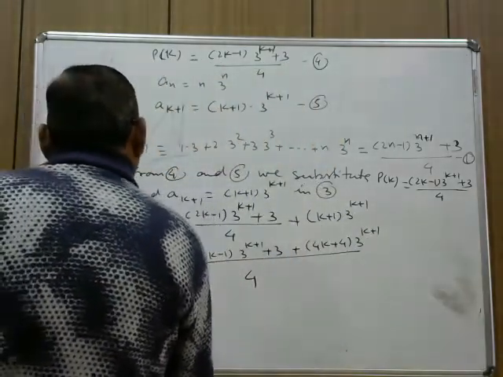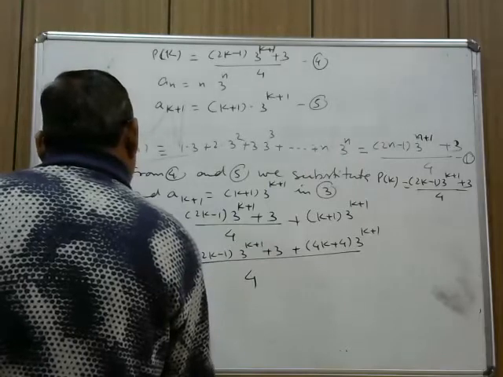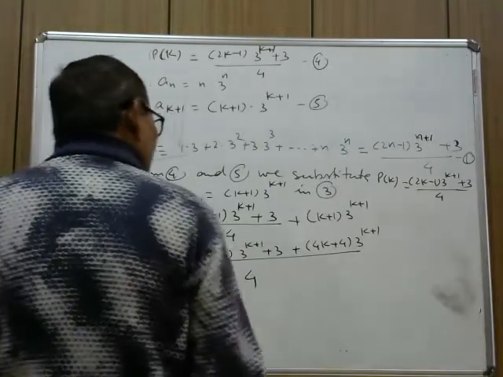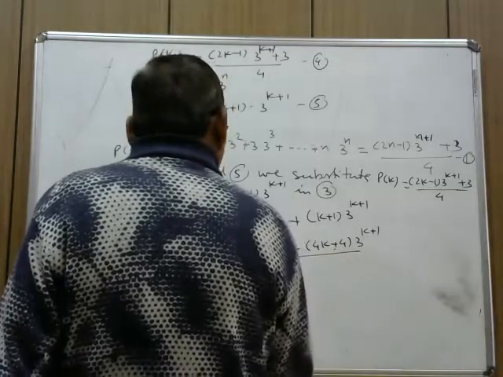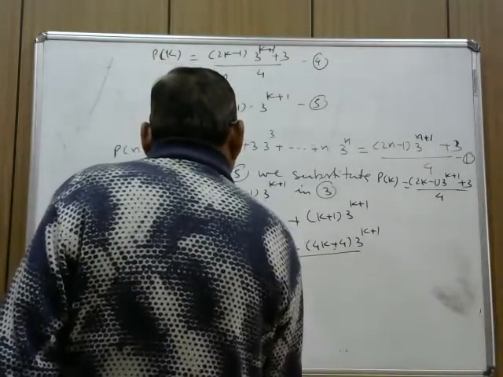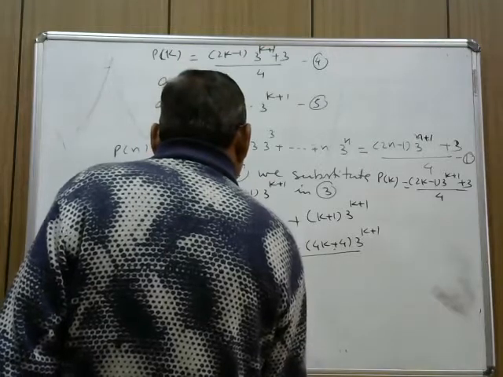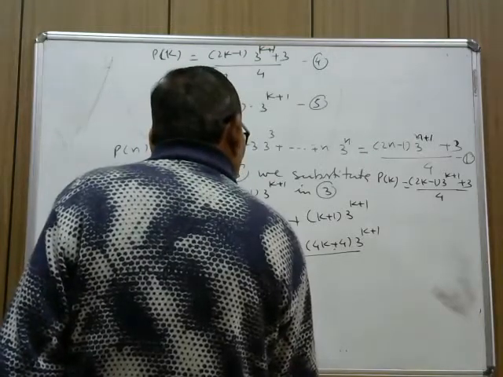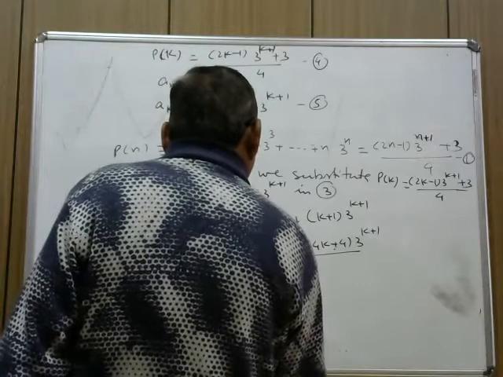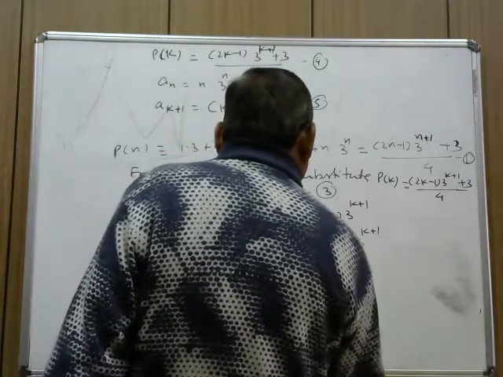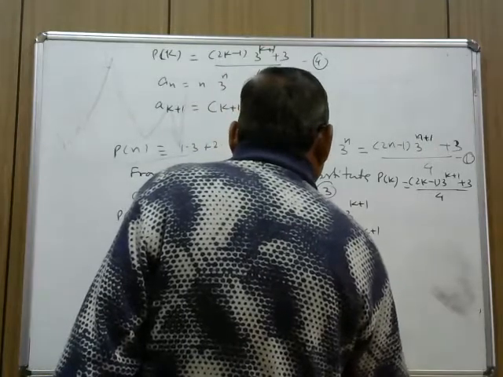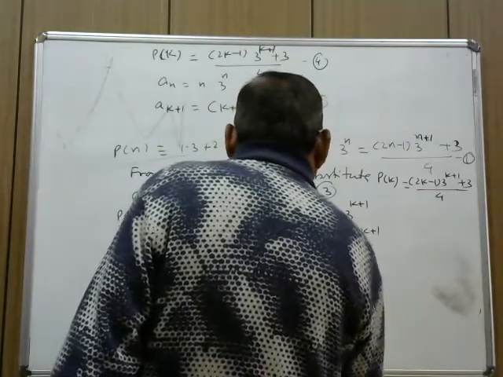So when you continue this, from these two terms 3 to the power k plus 1 is common, in bracket 2k minus 1 plus 4k plus 4, into 3 to the power k plus 1 plus 3 by 4.